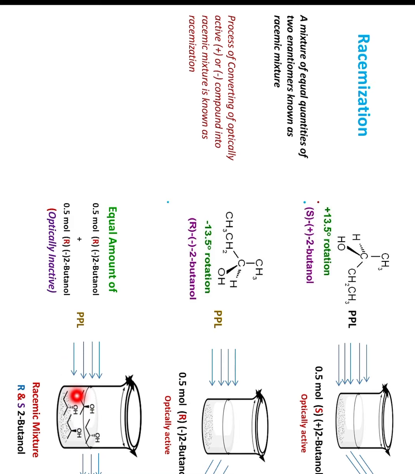That means when the plane polarized light passes through the solution containing equimolar amounts of these two enantiomers, it passes through without any rotation. And this type of solution, where equimolar amounts of enantiomers are present in the mixture and which does not rotate, deflect or deviate the plane polarized light in either direction, right or left, is known as a racemic solution or racemic mixture.